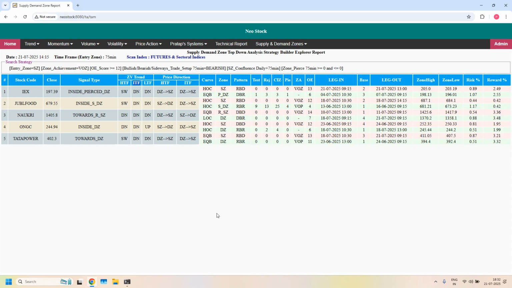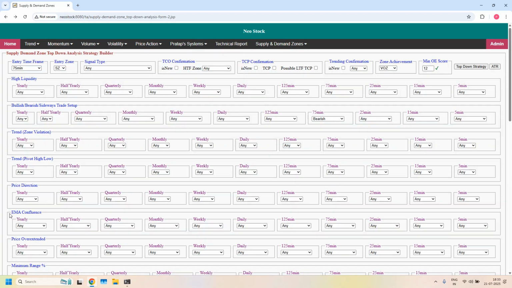ITF is weekly. So we can further filter this list based on weekly supply zone having weekly EMA confluence, so that the overlapped 75 minute supply zone might be having more high probability to get success. So let's verify. In the EMA confluence, a daily time frame, because 75 minute supply zone overlapped with daily supply zone, so we are checking daily supply zone having daily EMA.